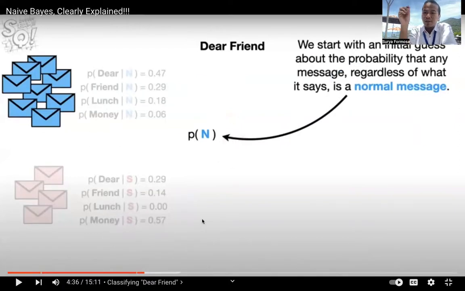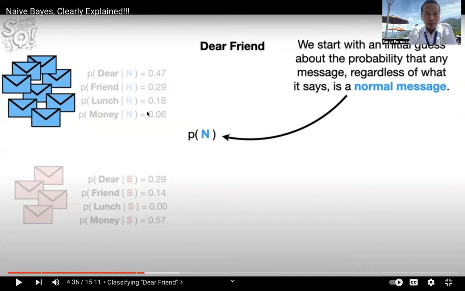We need to calculate the initial guess. What is the initial guess? It means the probability of a normal message divided by all of the messages.